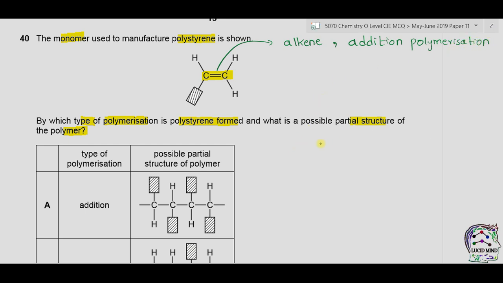Now we can draw the polymer in such a way. We have 2 monomers. This is the first one. This is the second one.